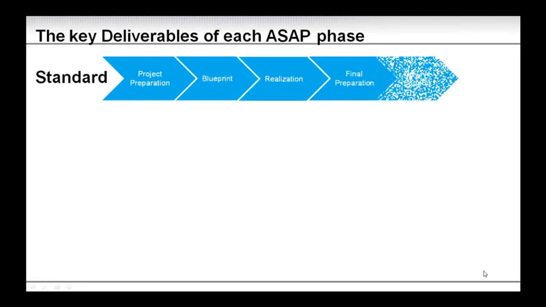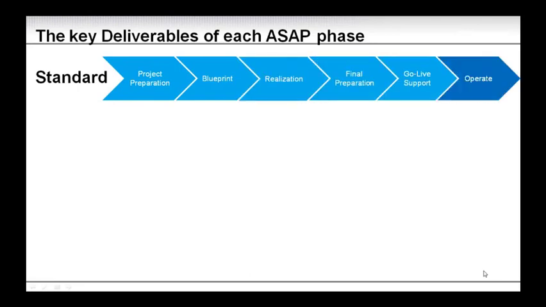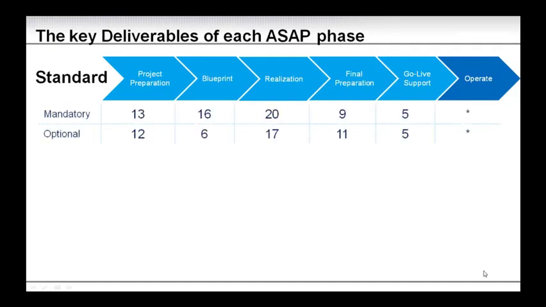If we look at the deliverables of each of the phases, first the standard implementation. There are 6 phases, and if you count in the work breakdown structure, you will see that the number of deliverables are as indicated here. In project preparation, there are 25 deliverables. 13 are what the ASAP methodology says should be mandatory, and 12 depend on the nature of the project.